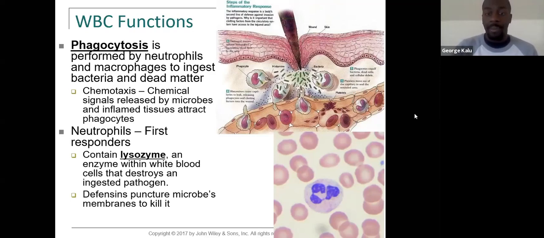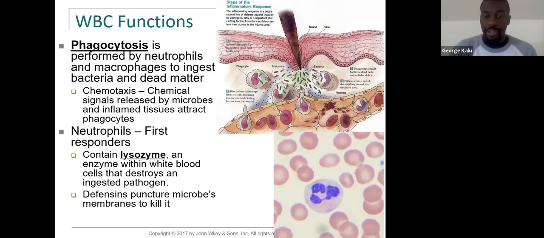For example, when a pathogen enters the blood, it starts releasing some chemical signals. Those chemical signals attract the white blood cells, and the white blood cells follow them almost like breadcrumbs until they find the pathogen. Once they reach the pathogen, they're able to destroy it, and then you're good to go from there.